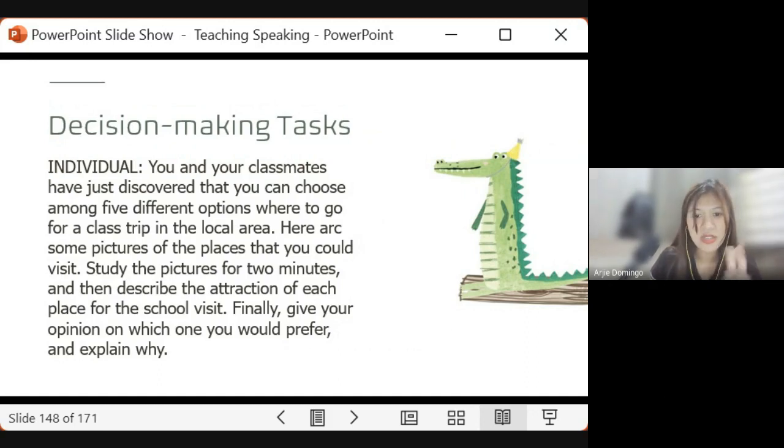Study the pictures for 2 minutes and describe the attraction of each place for the school to visit. Finally, give your opinion on which one you should prefer and explain why. So more likely, in this particular task, you could see how your students would be giving reasons, rationalizing about the things that they want to argue about.